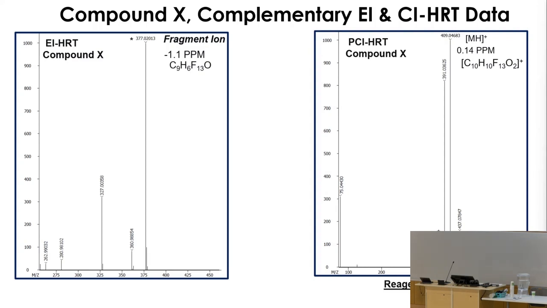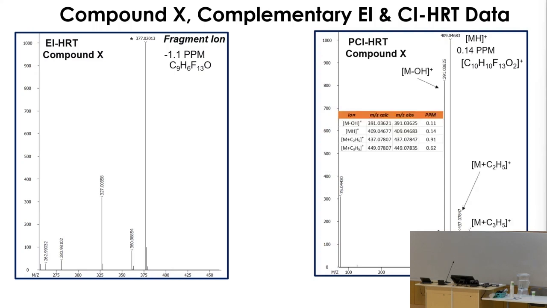So if you look carefully, where I didn't have any molecular formula information, switching over to CI, in this case positive CI, I get a strong protonated molecular ion with an excellent mass accuracy of parts per million and a formula that's associated with that. And since the reagent gas is methane, there's even more, right?